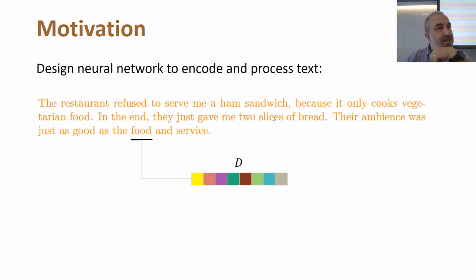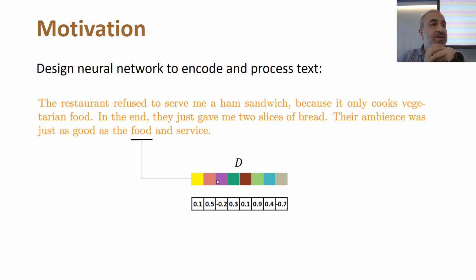Colors here represent different numbers. So for example, we can have a vector like that. Each entry in the vector is a number. It doesn't have to be between 0 and 1, by the way. It can be any number, positive, negative, anything. But a list of numbers.